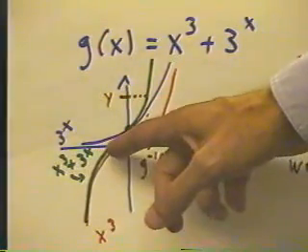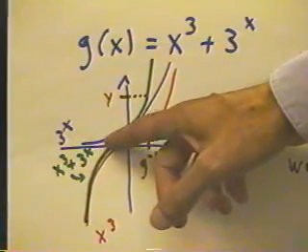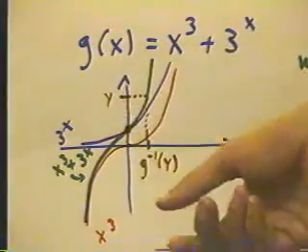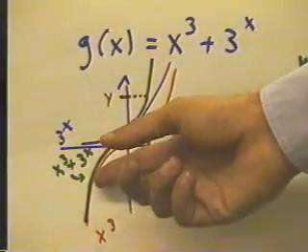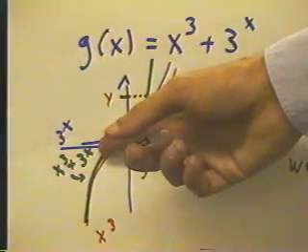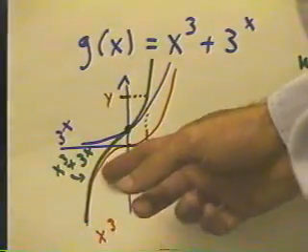Now, to get a point of the green graph, we add the y-coordinate of the purple graph, which corresponds to a height, to the y-coordinate or height of the red graph, the x cubed graph. So we're adding the value of 3 to the x to the value of x cubed.